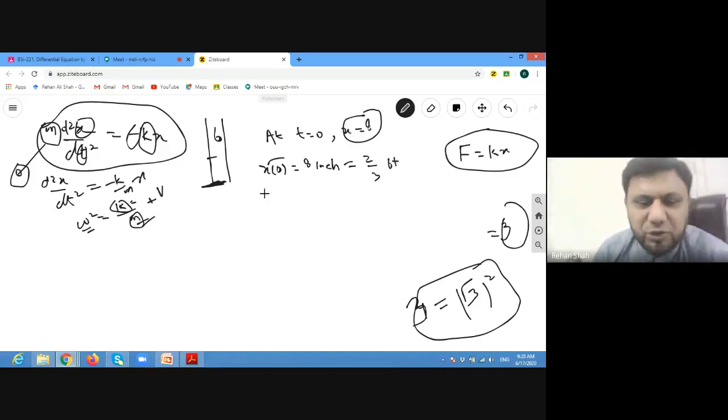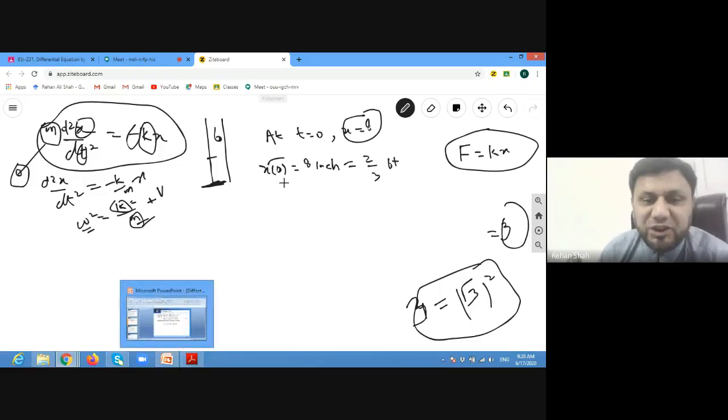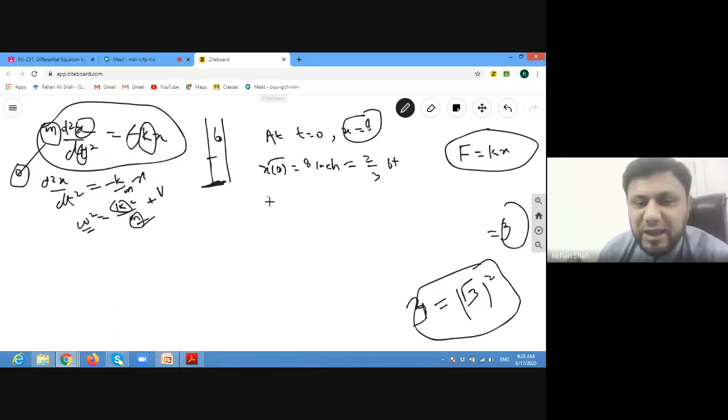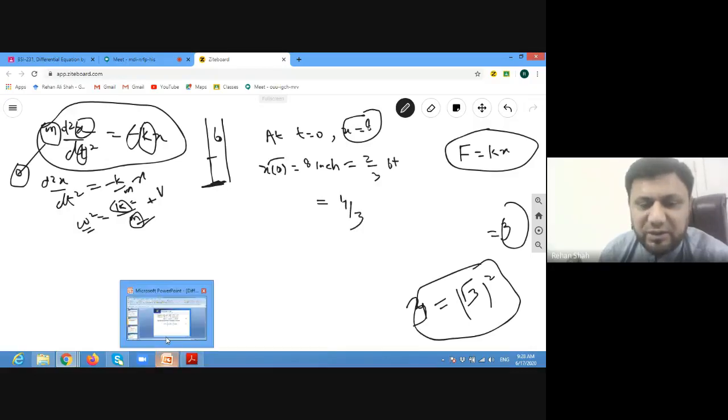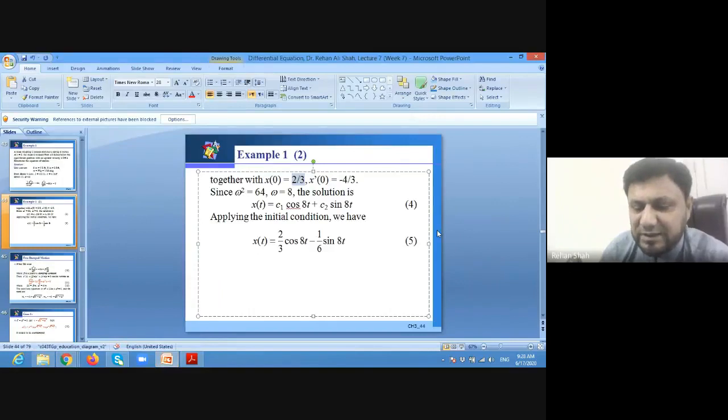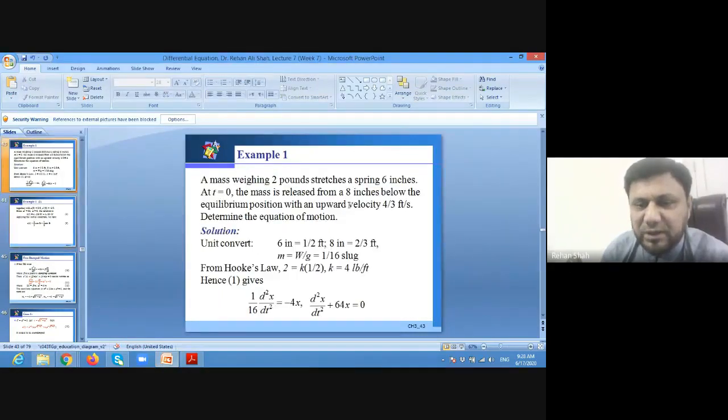Okay. So next we also need another condition. Another condition is the velocity given in the question: the upward velocity at time t equal to 0 is 4 over 3.